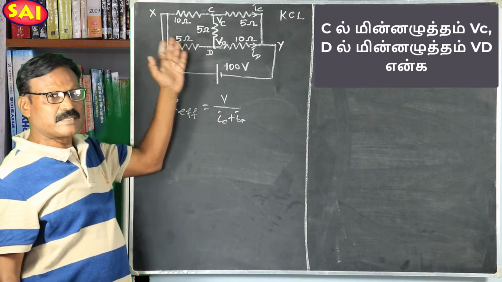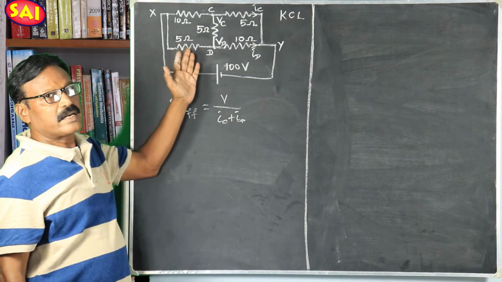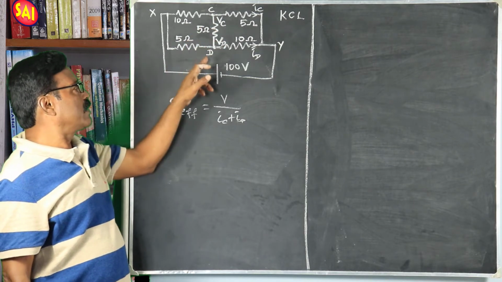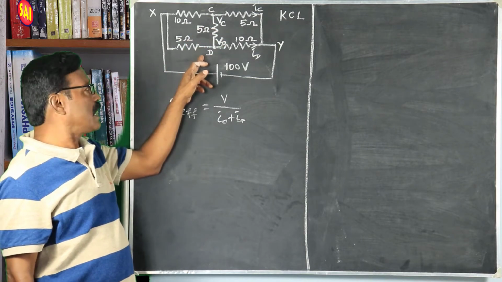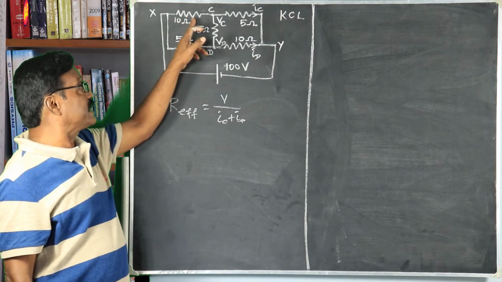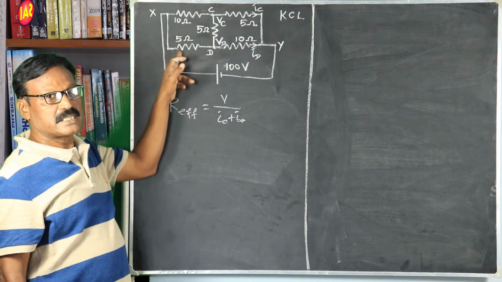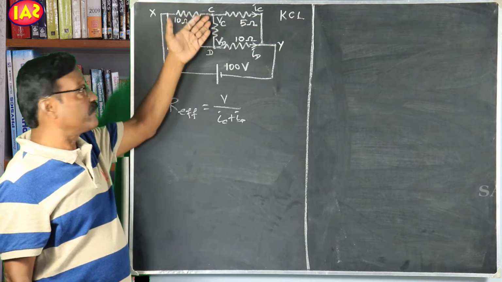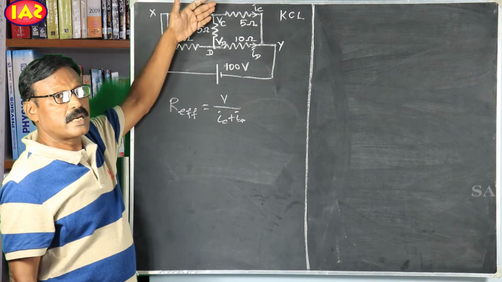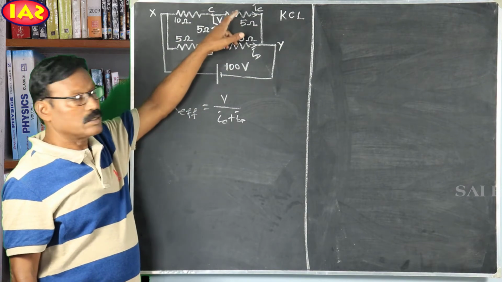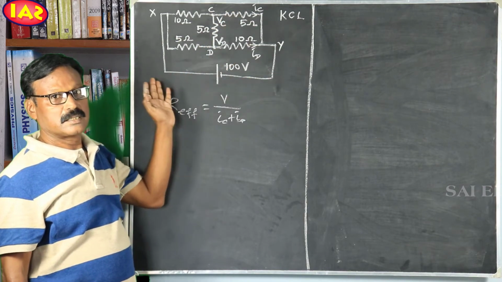The advantage of this method is, we can calculate the potential at node C and at node D. We can calculate the current through this resistor, this resistor, and this resistor, or if it is a galvanometer, the current through it, and the net current.